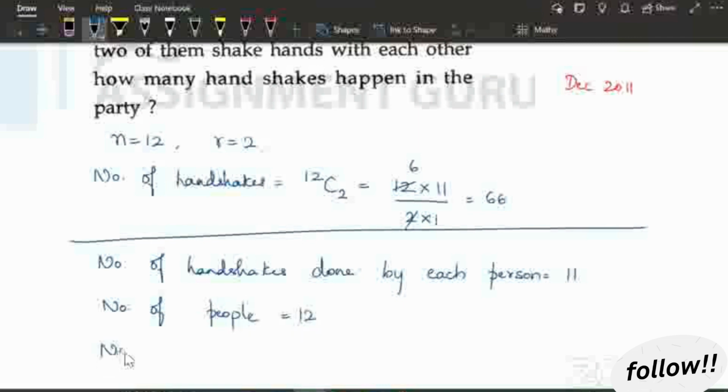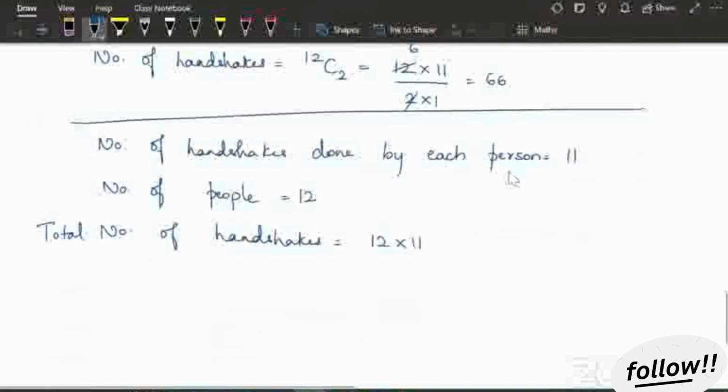So the total number of handshakes, if you consider, is 12 into 11. But here you are counting the number of handshakes from each person.